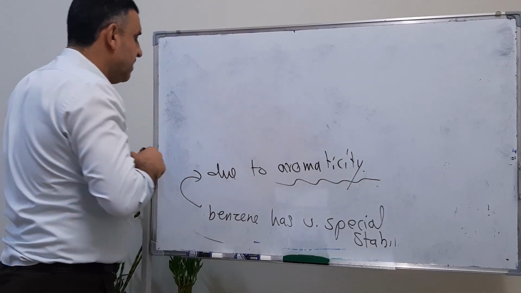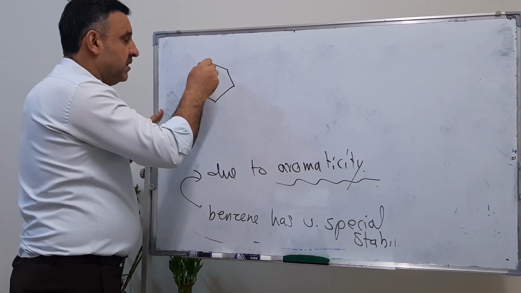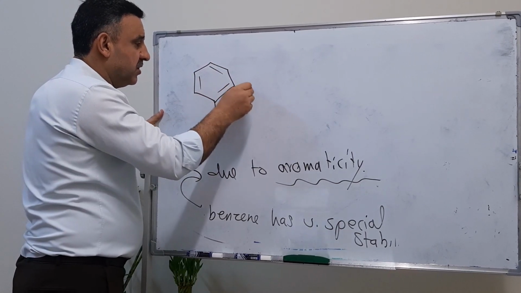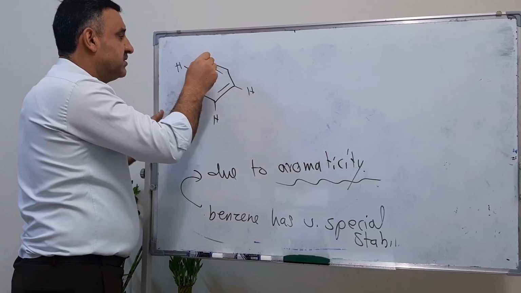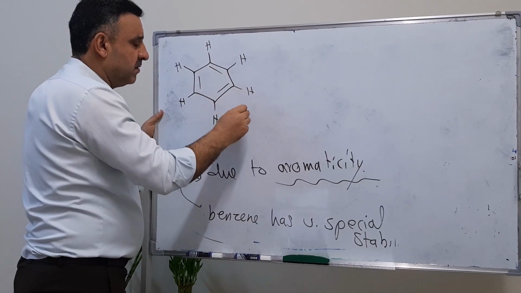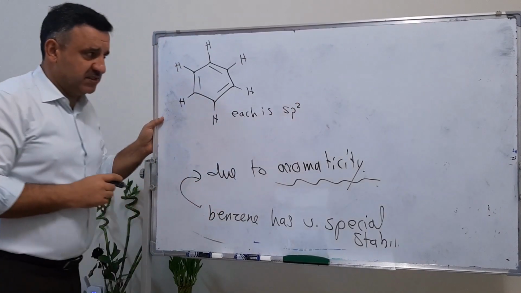Now what's aromaticity and why is benzene that much stable compared to what we are expecting? If we come back to the original structure of the benzene system, here each carbon is attached to a hydrogen, and we have 3 double bonds inside the system, and each carbon is sp2 hybridized, isn't it?